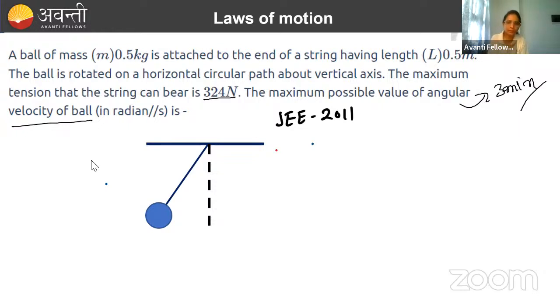Again, this question I'm covering just to cover your basic concept. Because 25% of your questions will be easy, 45% will be average. Under those 25%, you should not miss any question.